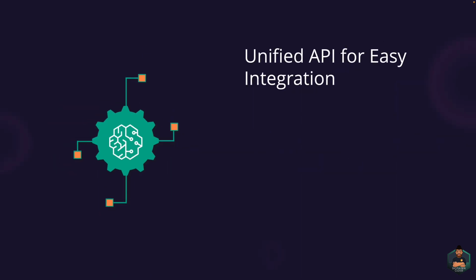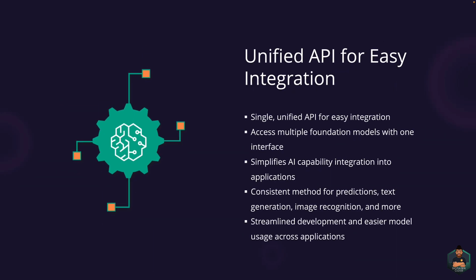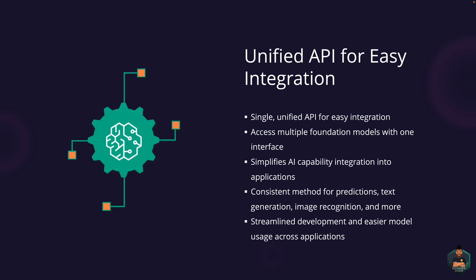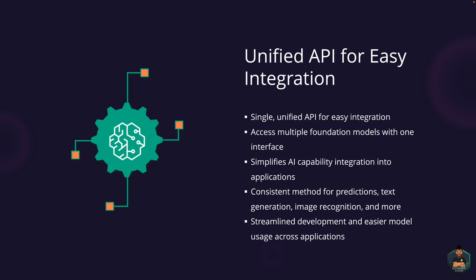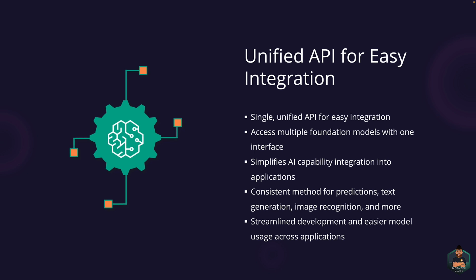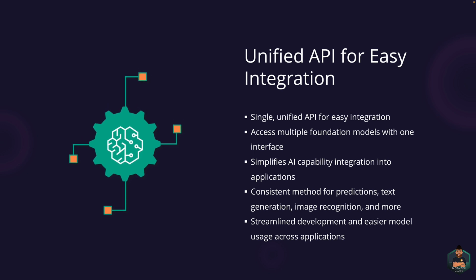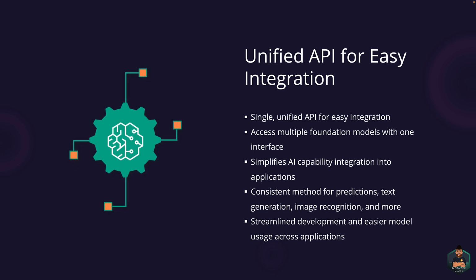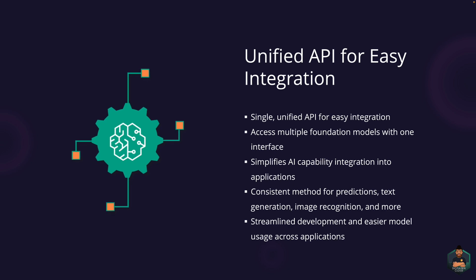This simplifies integrating AI capabilities into your applications because you don't need to learn other ways to interact with each model. Instead, you can use one consistent method to request predictions, generate text, recognize images, and perform other AI tasks. This unified approach simplifies development and integration, making using multiple models within your applications more accessible.